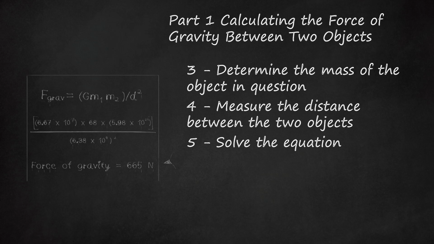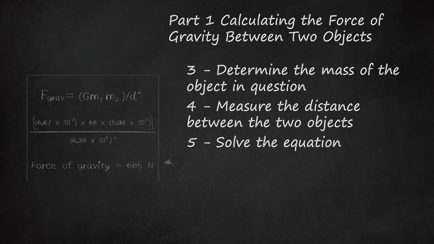Write your equation. Fgrav equals G m1 m2 over d squared equals 6.67 x 10^-11 x 68 x 5.98 x 10^24 over (6.38 x 10^6) squared.